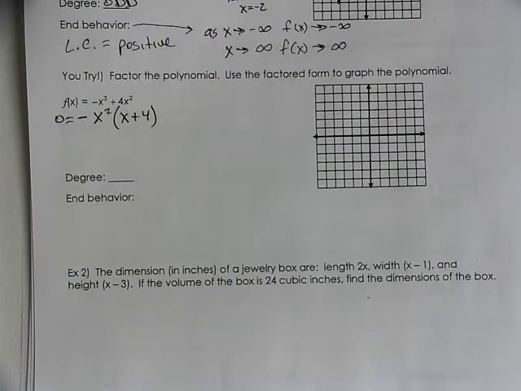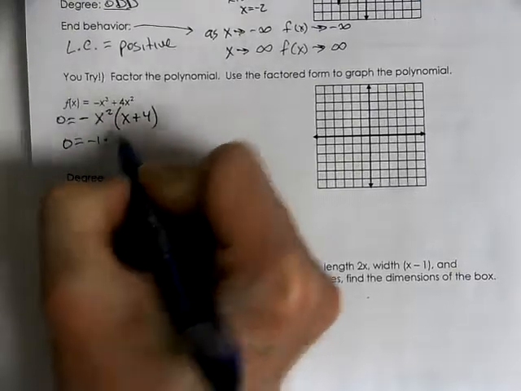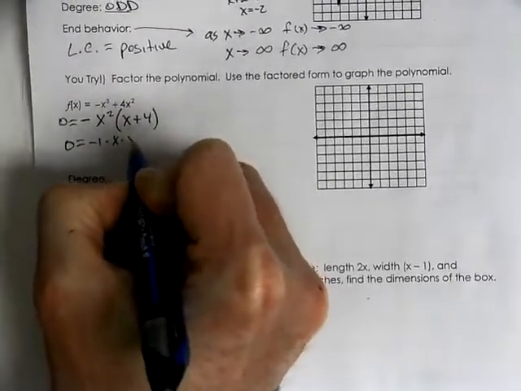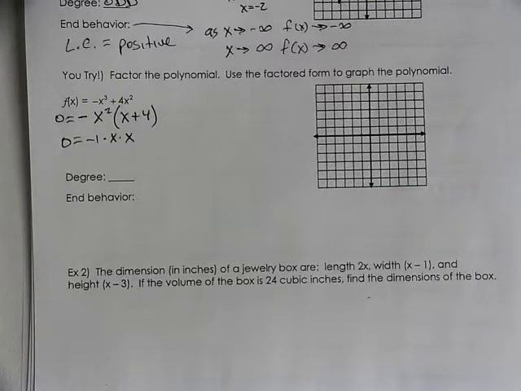Now, when you look at x squared, realize that x squared is the same thing as x times x. The negative is a -1, so it's a leading coefficient that's negative. The x squared means that there's two x's there.